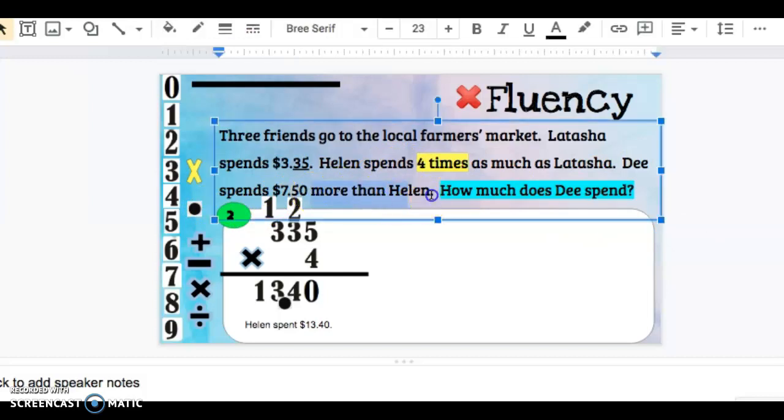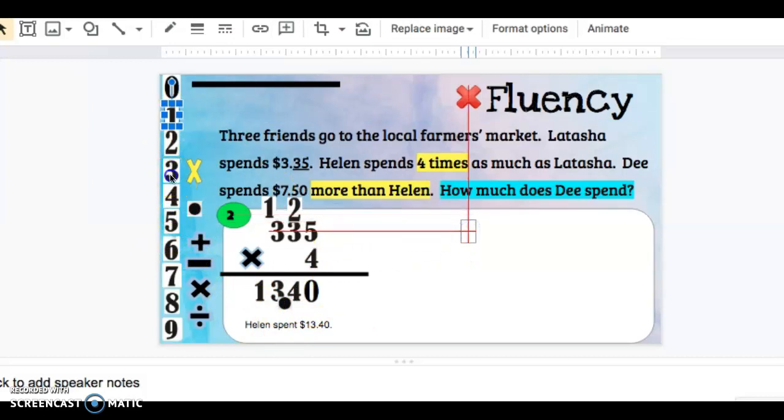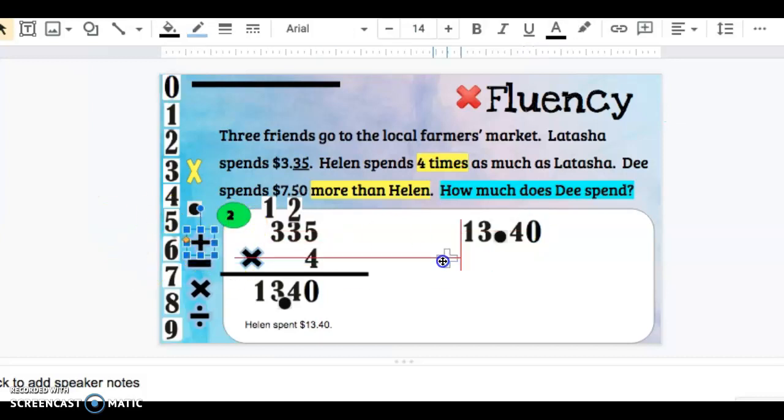So if she spent $7.50 more than her, if it's more than, you're going to be adding that to her cost. So you would do your 13.40, and then you're adding.